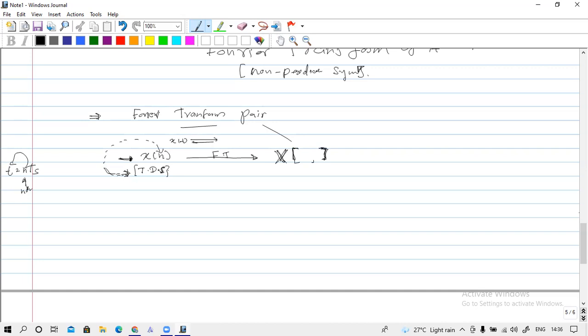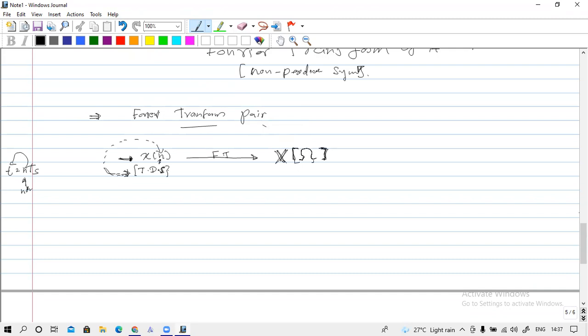You can remember that we wrote this as capital X of omega. Here we will use simple n and instead of omega, I will use the capital omega. So that is the difference, no much definition is there.